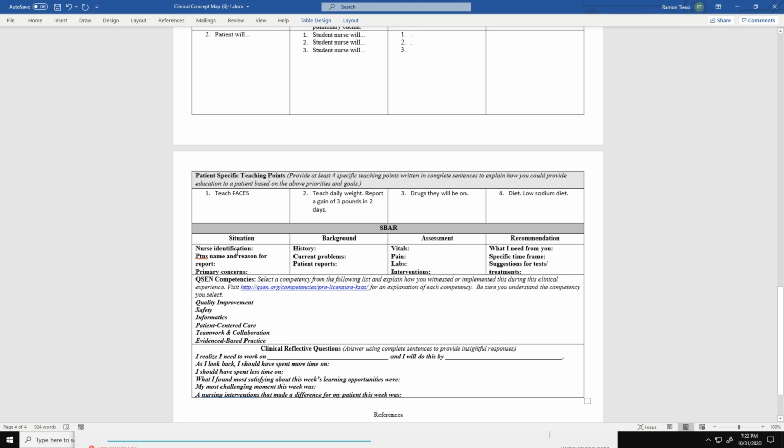And right down here you have an SBAR, right? So you want to fill this out. You can fill this out like you are going to communicate this patient's condition to somebody. It does not have to be the doctor, right? You can fill it out like if you wanted to talk to the patient's spouse, a husband, a family member.